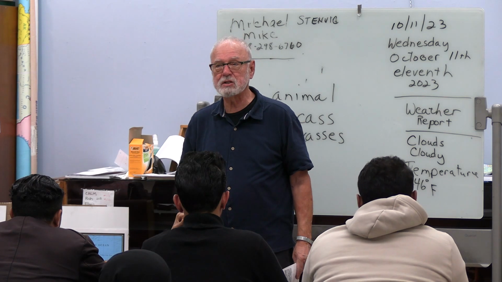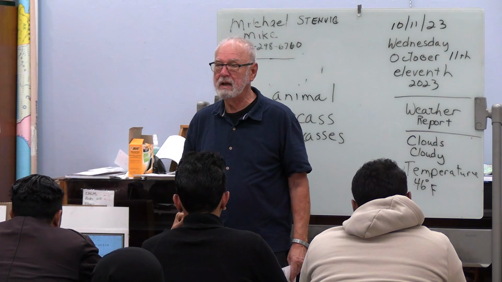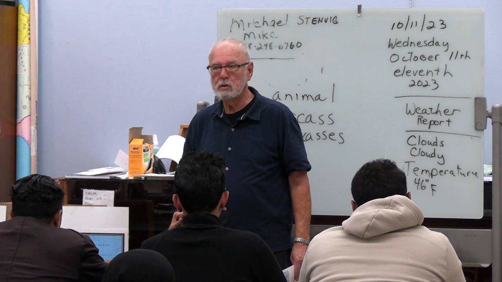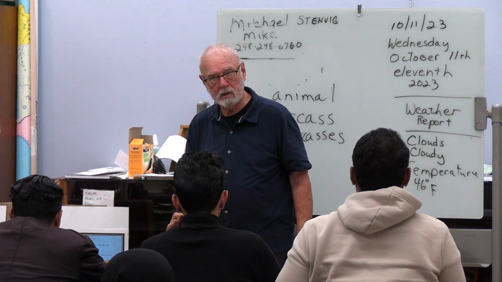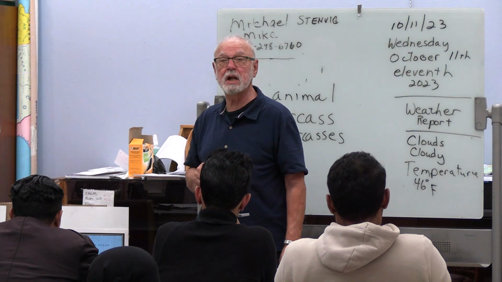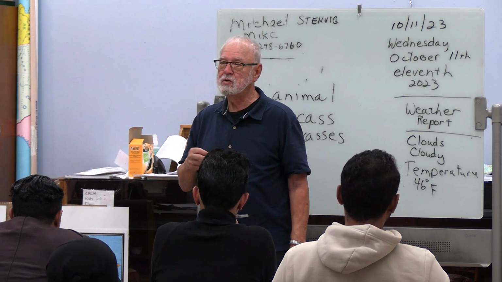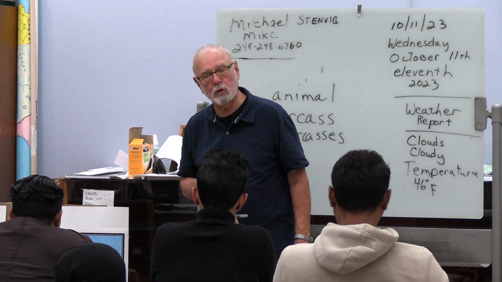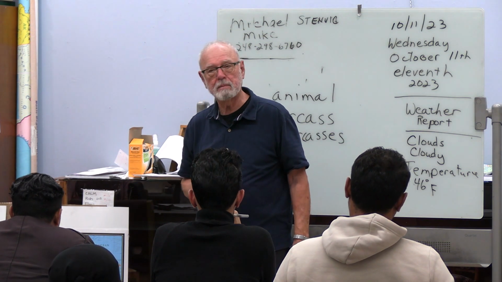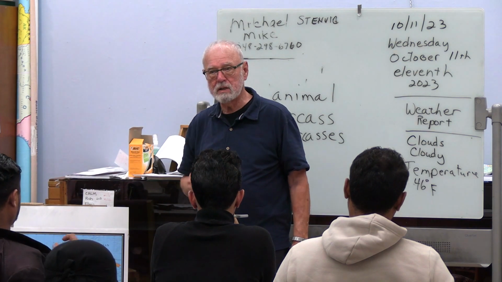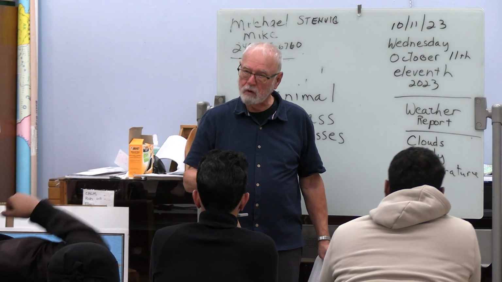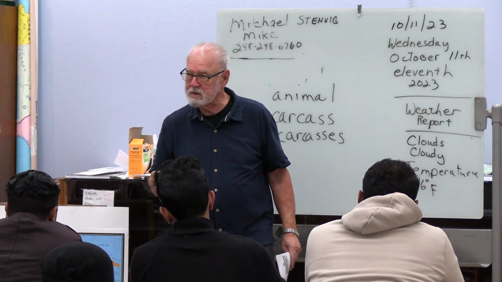So if I ask you about today, you have to decide which is correct, A or B. Today is a chilly day. Today is 46 degrees. Which one is correct? B. Yes. The fact is right here. 46 degrees. So you have to look for the information that you know is there.